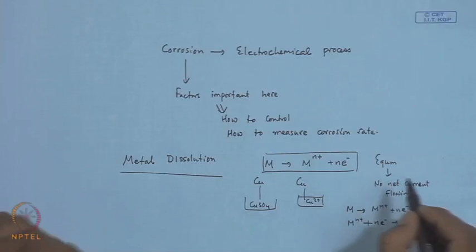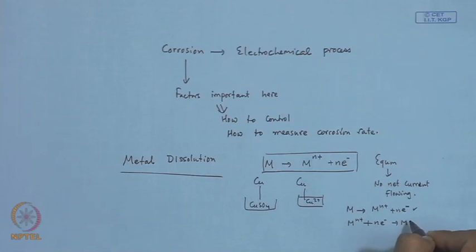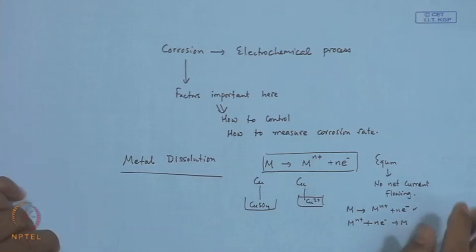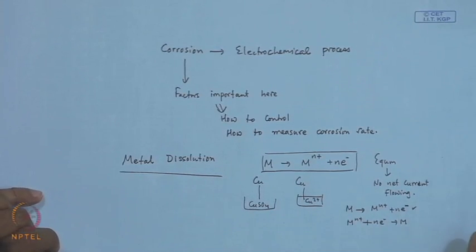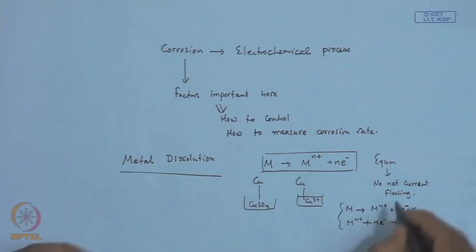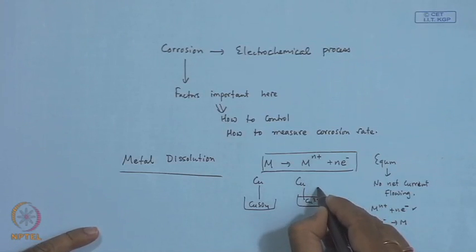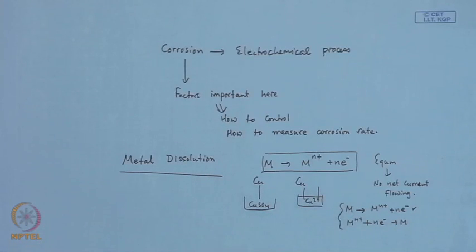The electrons produced in the reaction above combine with the M n plus to give you M, and that is deposited onto the metal surface. So, these are the two processes that could happen. In one case it is dissolution, in the other case it is deposition. Basically, if you have another copper over here, the second reaction will take place.